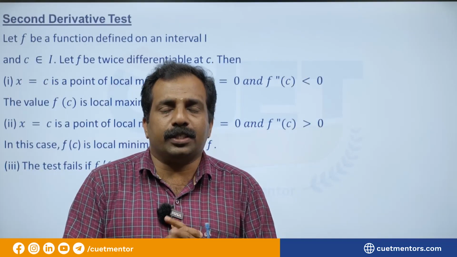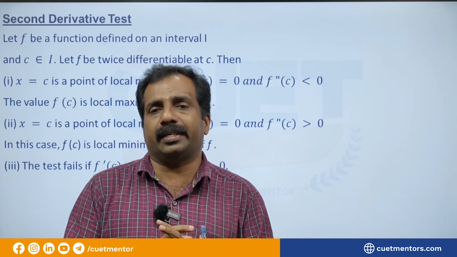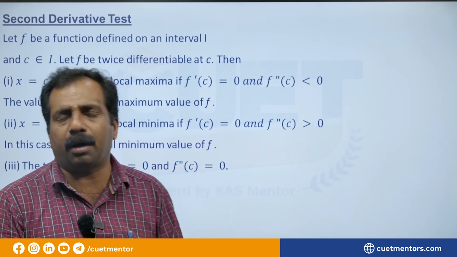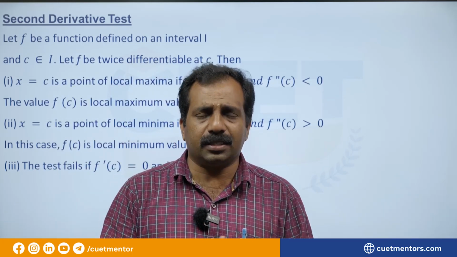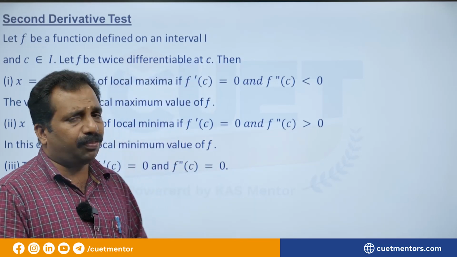Now we are going to discuss the second derivative test. The most important and continuously used test for finding the maxima and minima of a function is the second derivative test.